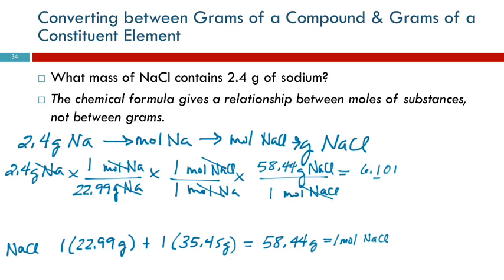There's that many grams of sodium chloride, and so 6.1 grams of sodium chloride. So if I ate 6.1 grams of table salt, I would get 2.4 grams of sodium. Any questions?